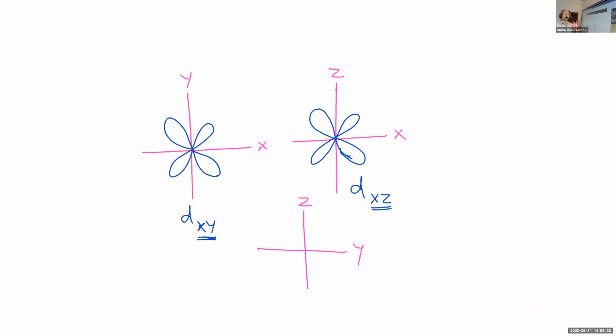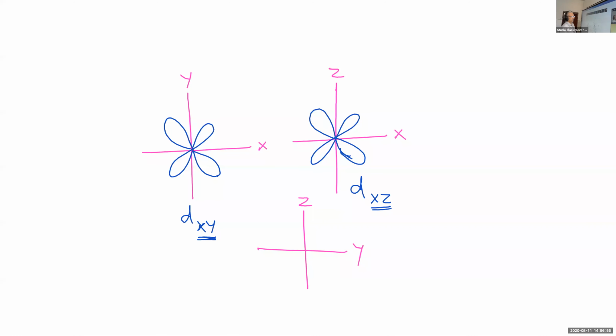You draw only two axes. That is very safe. Otherwise, you will be confused to draw the shape. You label only two axes, and dxy between x and y, dxz between x and z.